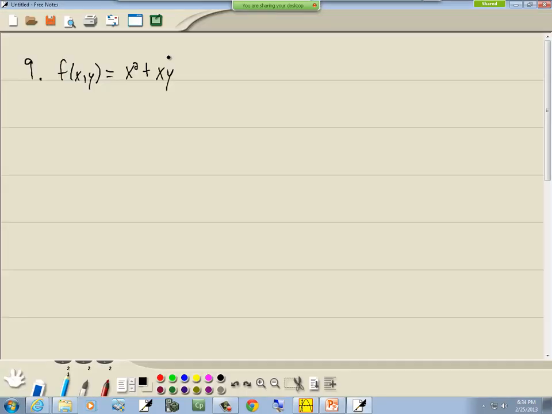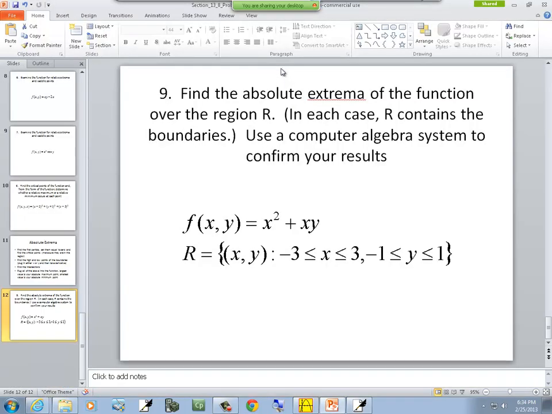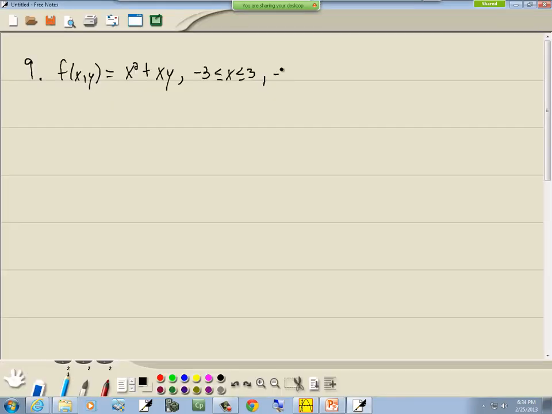And the region is when the x values are between negative 3 and 3, and the y values are between negative 1 and 1. If I just think of the x values, negative 3 and 3, and then our y values, negative 1 and 1.